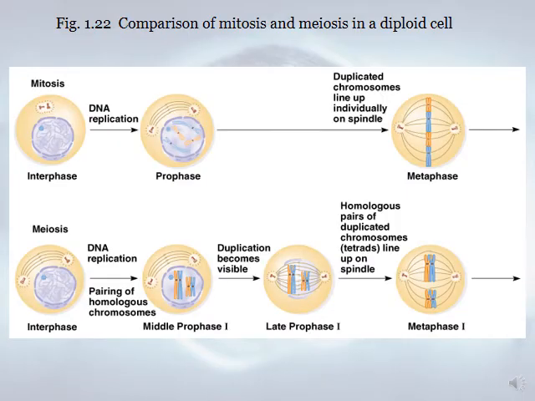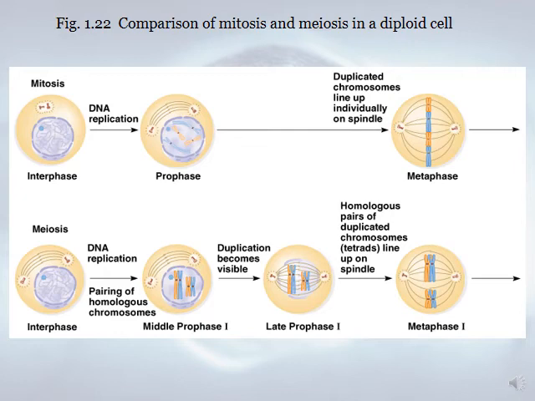Comparison of mitosis and meiosis in a haploid cell. This slide is going to be divided into 2. In mitosis, we have interphase, prophase, and the chromosomes line up. The chromosomes will be 2 chromatids each, and the chromosomes will line up at the middle of the cell, forming the equatorial plate. But in meiosis, we have prophase 1, metaphase 1.